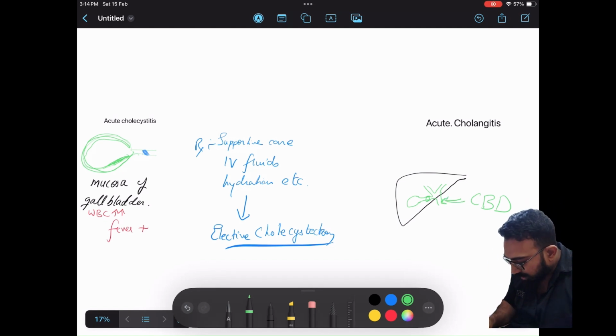Now at this point where there is formation of the common bile duct, let's imagine there is obstruction over here.